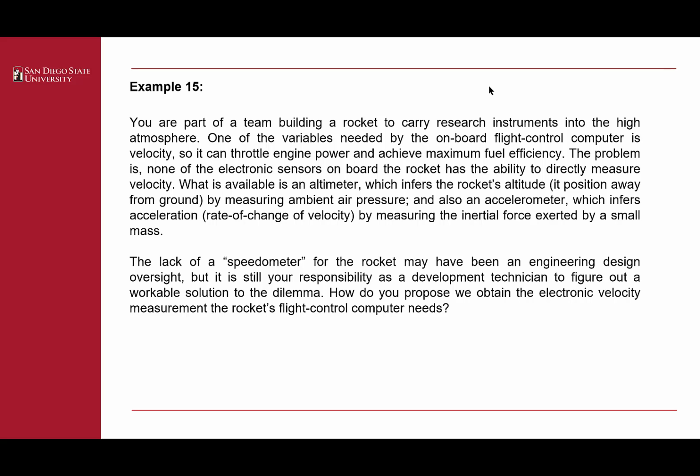Also an accelerometer exists, which infers the acceleration, the rate of change of velocity, by measuring the inertial force exerted by a small mass. The lack of a speedometer for the rocket may have been an engineering design oversight, but it is still your responsibility as a development technician to figure out a workable solution to the dilemma. How do you propose we obtain the electronic velocity measurement the rocket's flight control computer needs?